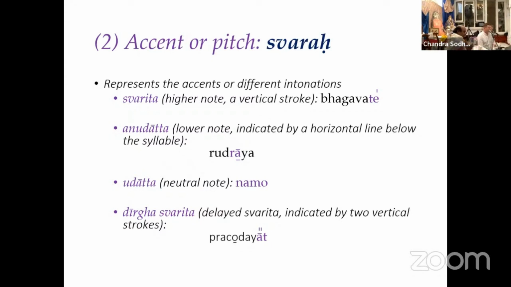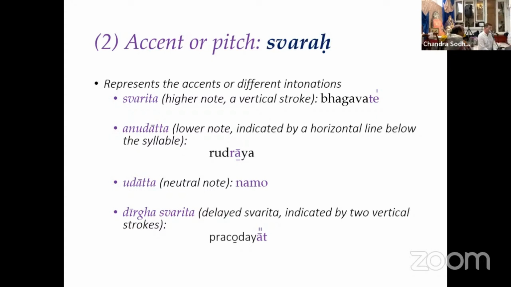We have Svarita, which is the higher note, denoted with a vertical stroke. So in Om Namo Bhagavate, this te is in the upper tone, and it is denoted with this vertical stroke.